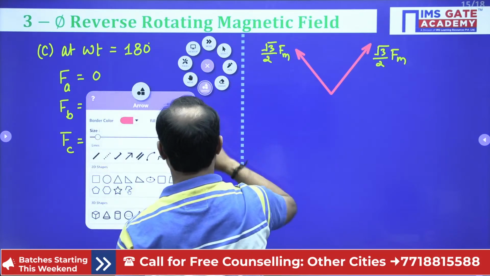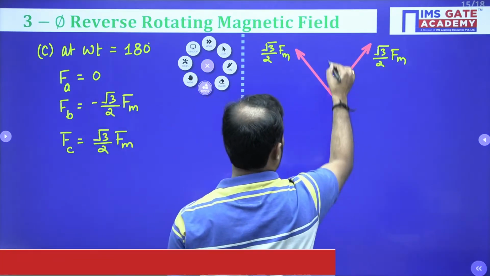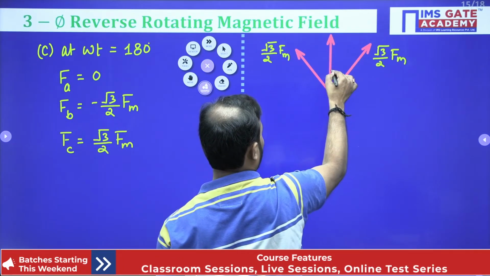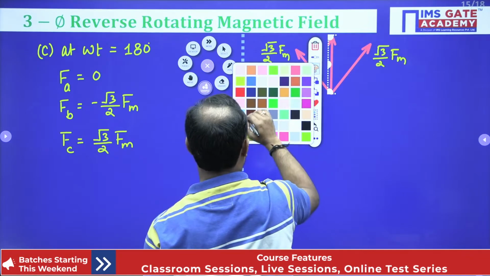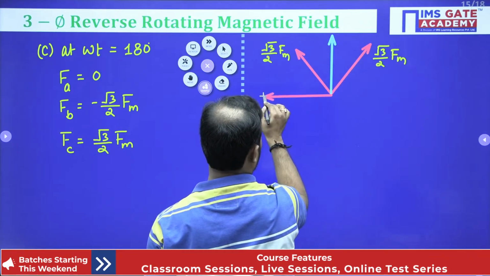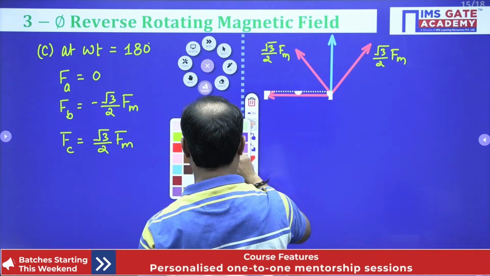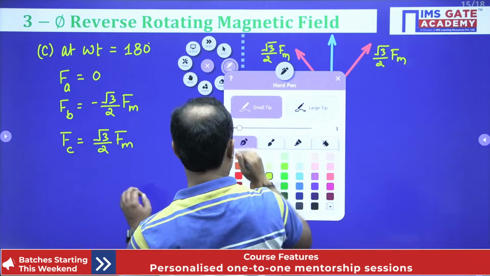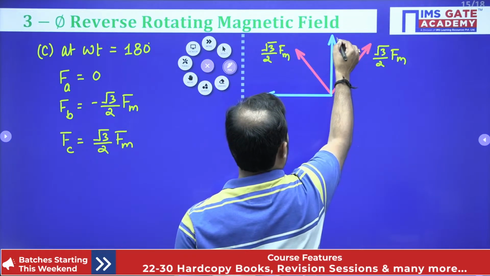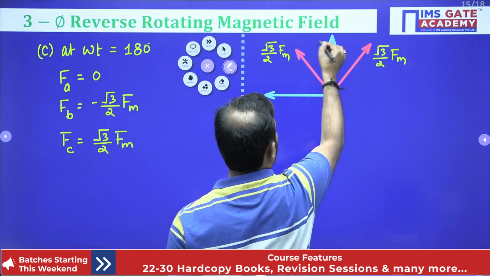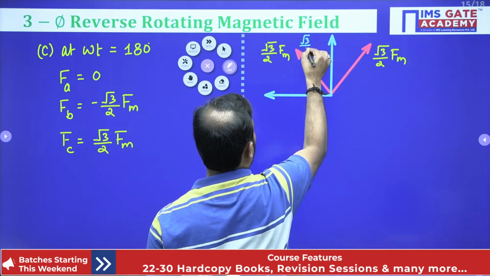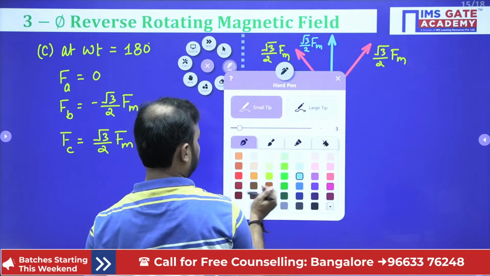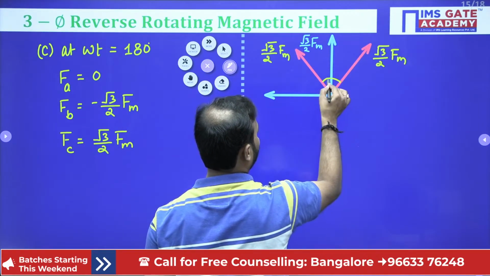Now let us resolve into vertical. Let us resolve first this one. Okay, so you will get this value as root 3 by 2 Fm. Okay, what is this total value? This total value is 60 degree.